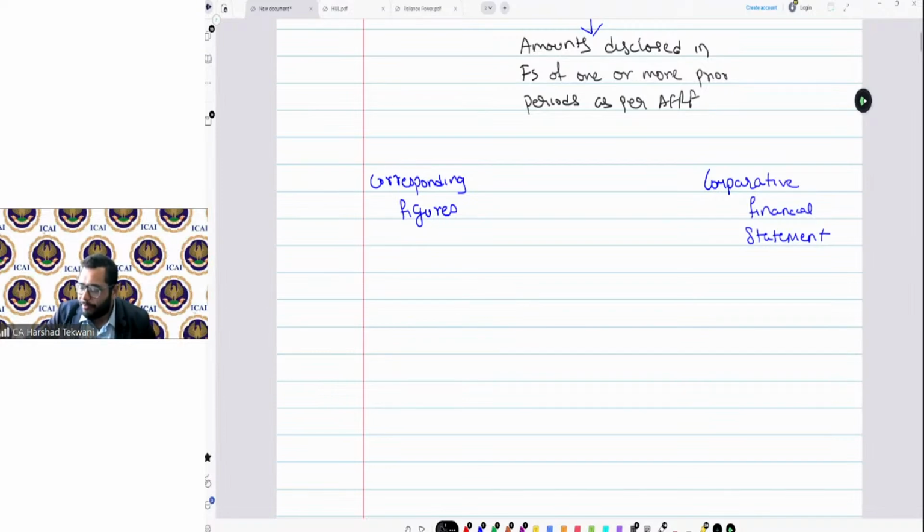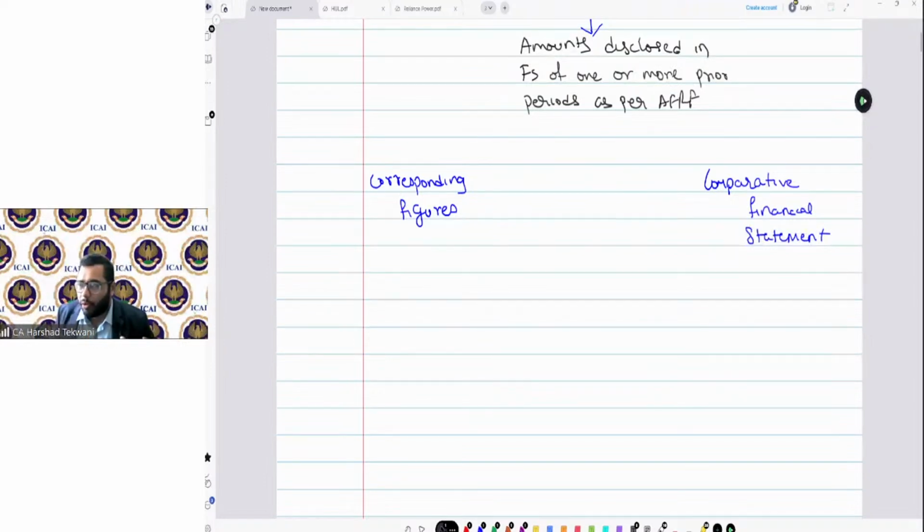For example, for the sales commission, I say that last year the sales commission was this, current year is this, because there is an increase of, let's say, X percentage, because there was an increase in sales compared to the last year. So if I give this in my financial statement, I'm giving a number which is only for read only purpose.